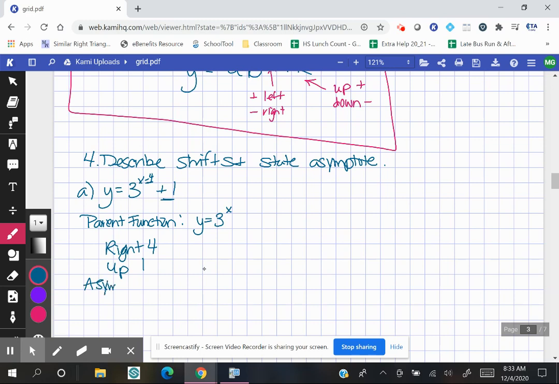And our asymptote equation, the original has nothing being added, that would have an asymptote at y equals 0. Now we moved it up 1, so our asymptote will be y equals 1.